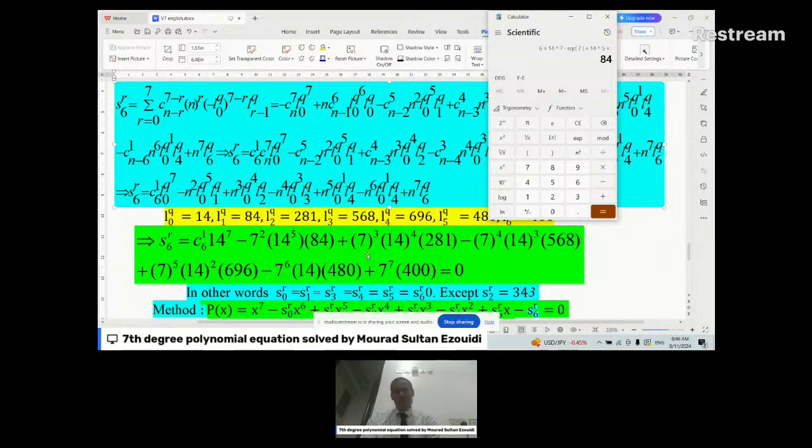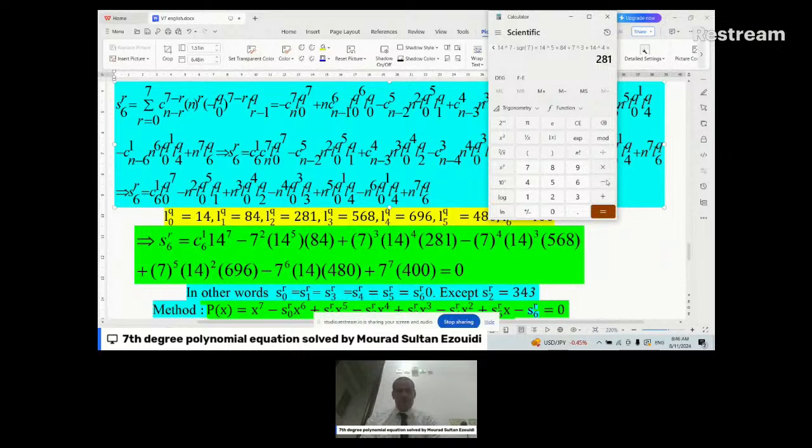Okay, plus 7 cubed, this one, 7 cubed times 14 raised to the power 4, times 281.